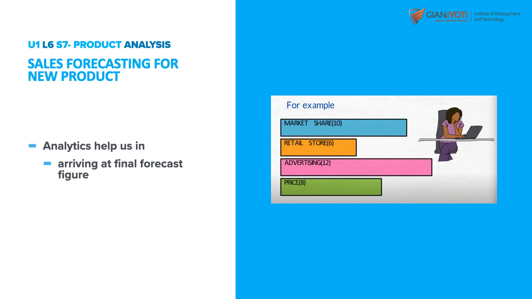For retail, the retail store approach has come out to be 6 million. For advertising approach, it is 12 million. For the price approach, it is 8. Then you arrive at a final forecast depending on the product that you are going to launch.